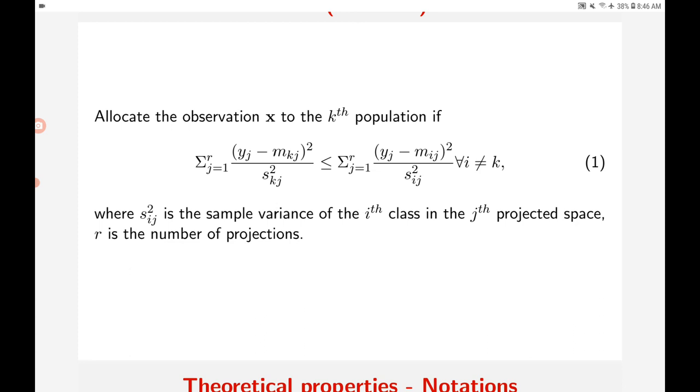So you can see that (yj minus mkj) squared over skj squared is the distance between yj and the mean of the k-th class in the j-th projected space. And then we sum across all the projected spaces, that is, we sum according to j from 1 to r.